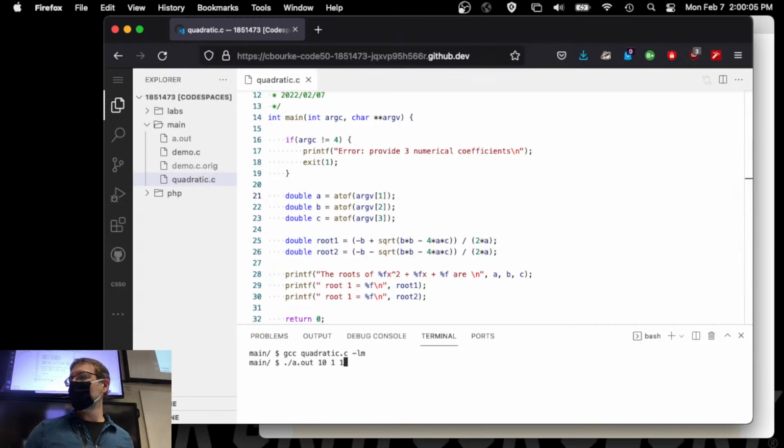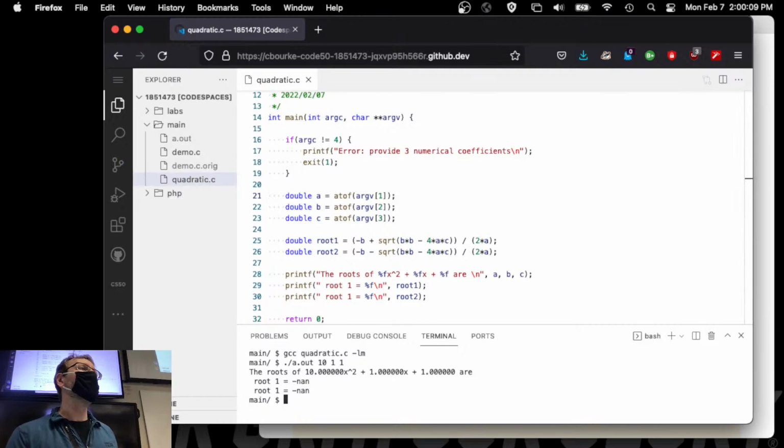Okay? So, what was happening here? 10, 1, and 1. Imaginary numbers, right? B squared minus 4AC is going to be 1 minus 10 or something like that, or 40 or something. It's going to be negative. So back to the drawing board.